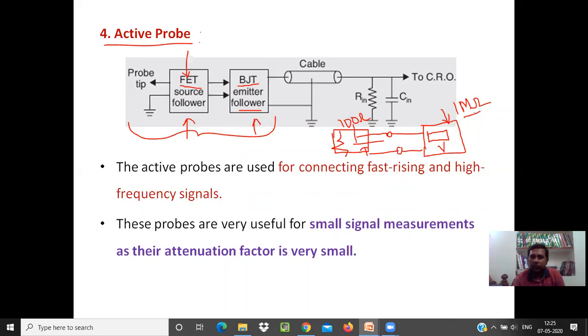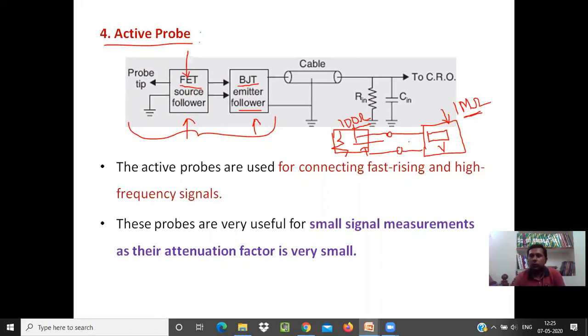This 100 ohm resistor is the circuit impedance. So how is the voltmeter connected to the circuit? Always the voltmeter is connected across the component, and across the component means a parallel combination.